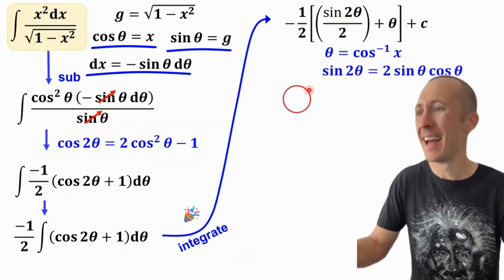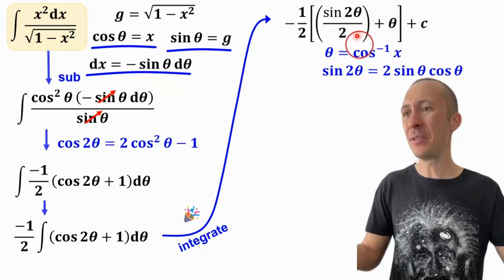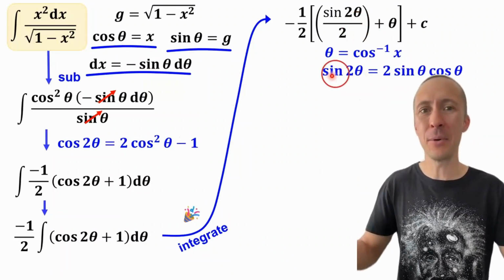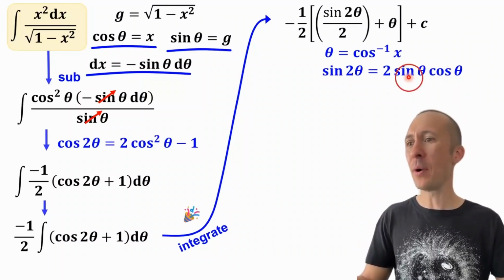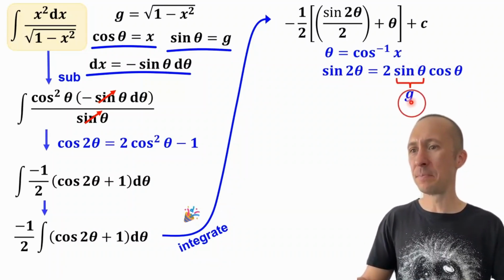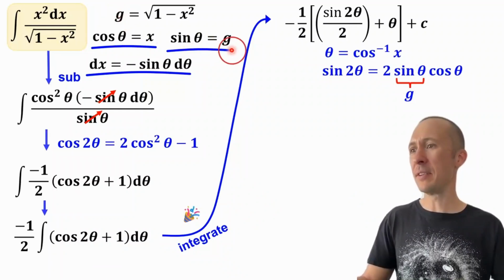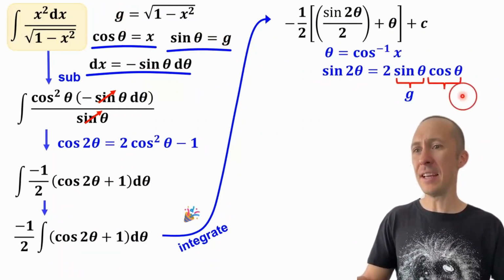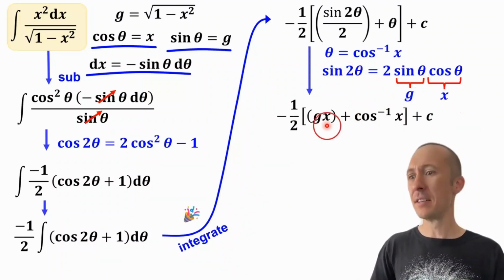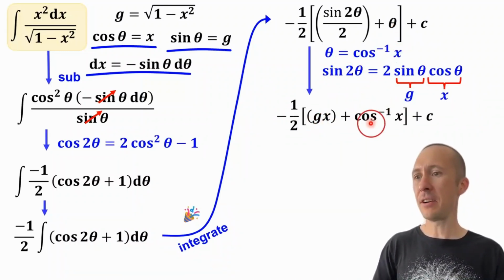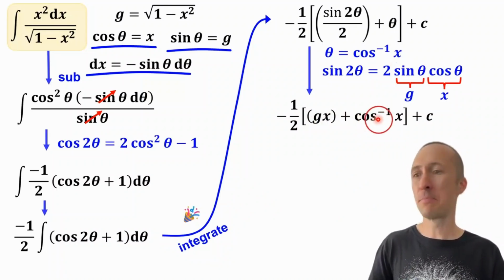Surprise, surprise. And we'll use sine 2 theta, the one you kind of look up on your equation sheet. Sine 2 theta is 2 sine theta cos theta. And we know what sine theta is. Sine theta is g. That's what we defined right here. Cos theta is x. So the sine 2 theta is g times x. And then our theta here is our arc cos. So yeah, that's pretty cool.